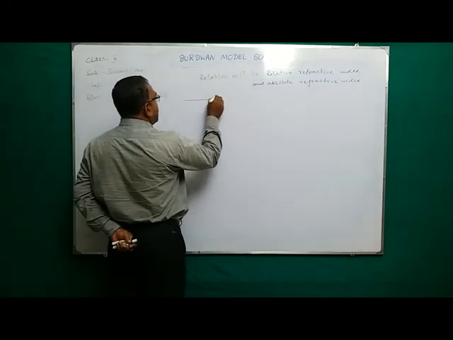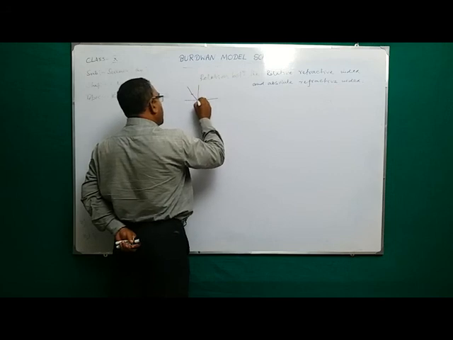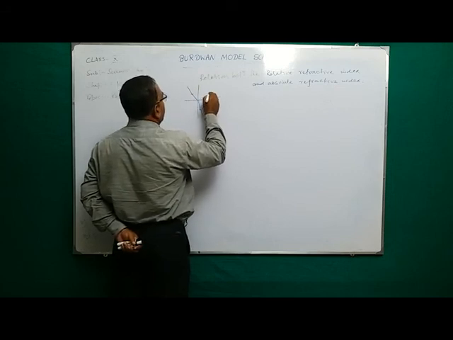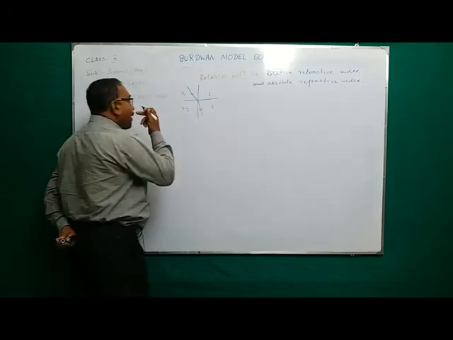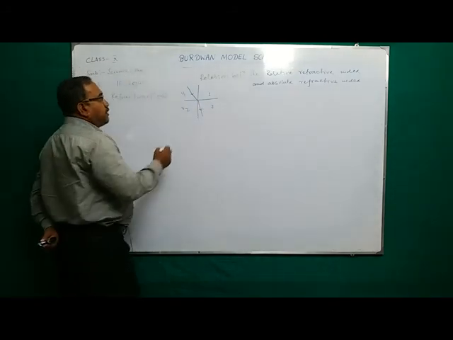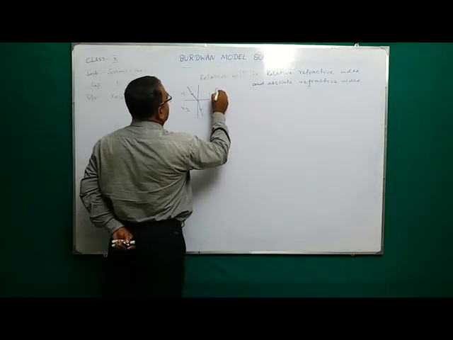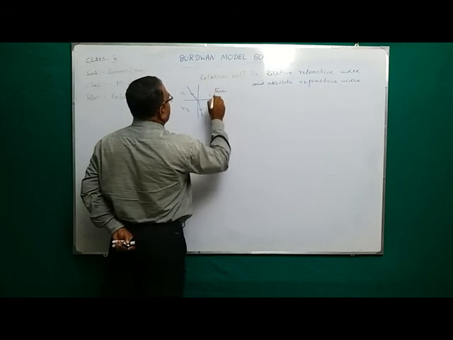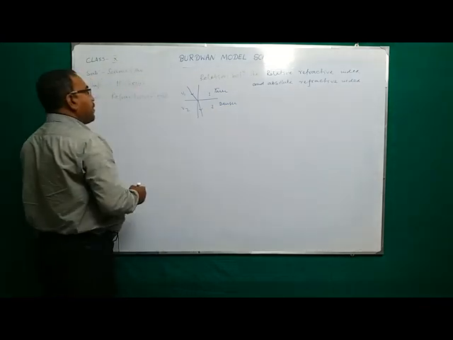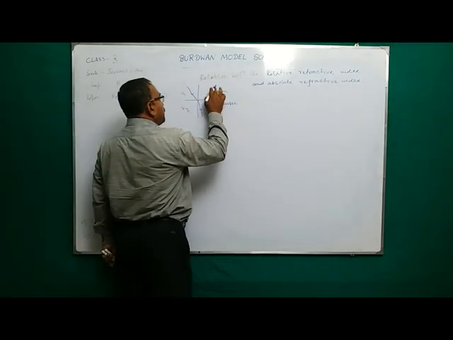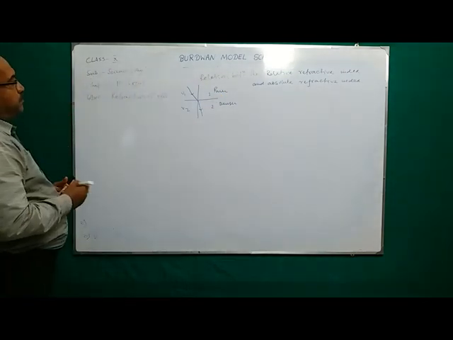Suppose you consider, when you find out, you see from your diagram, this is the denser and that is the rarer. There is the rarer medium, and this is the denser medium.